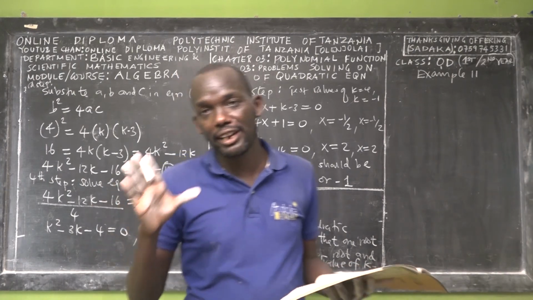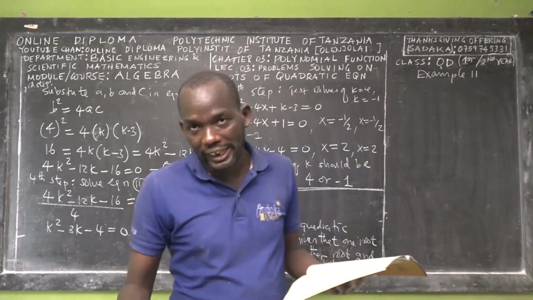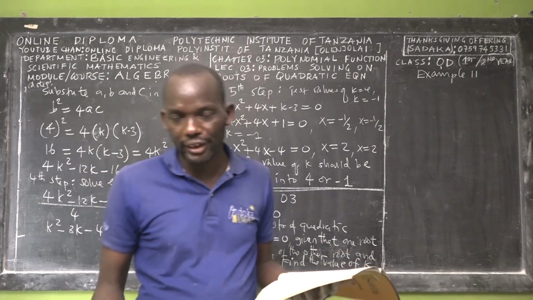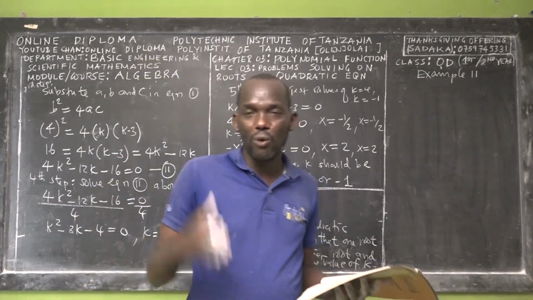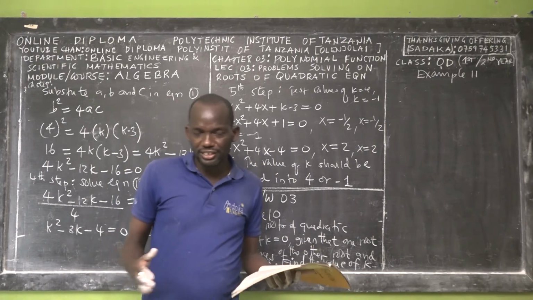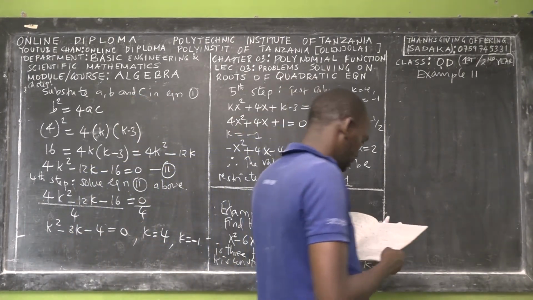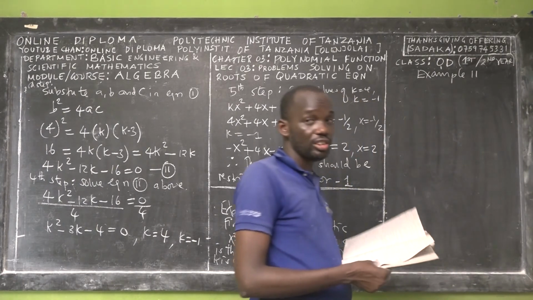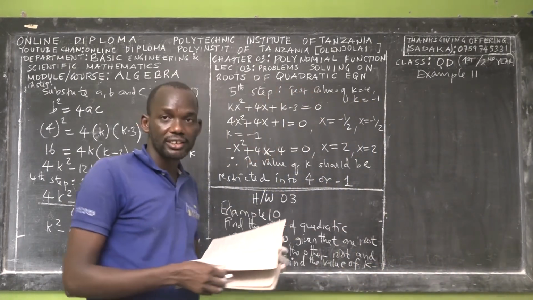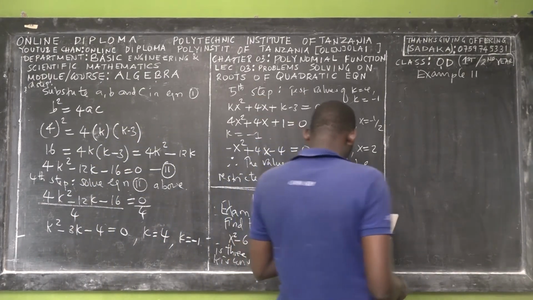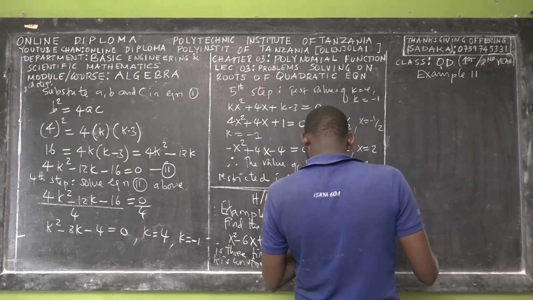So in most cases, you'll spend 100 minutes plus 10 minutes of break. Then it will be a total of 110 minutes in one session of basic engineering and scientific mathematics. So I try my level best to shorten my lectures to be covered within that time.